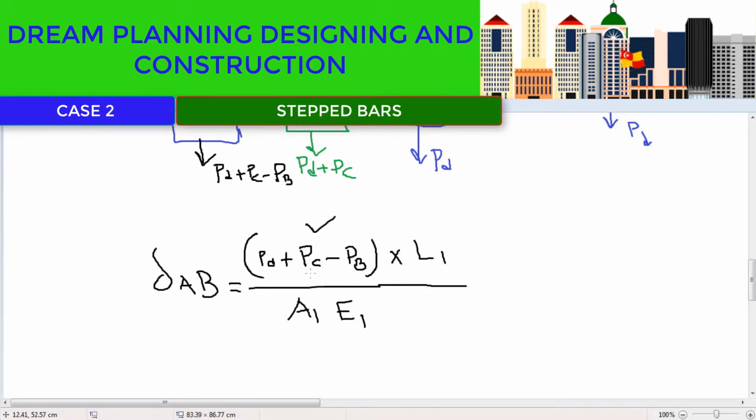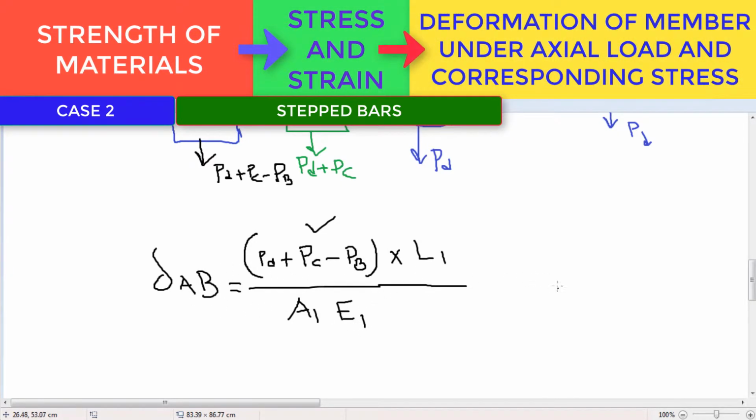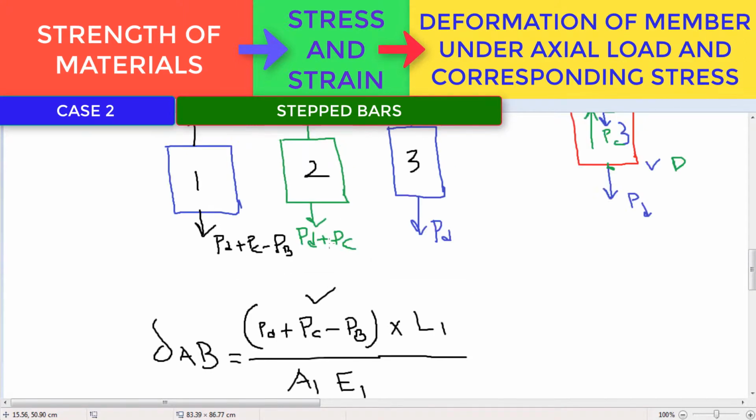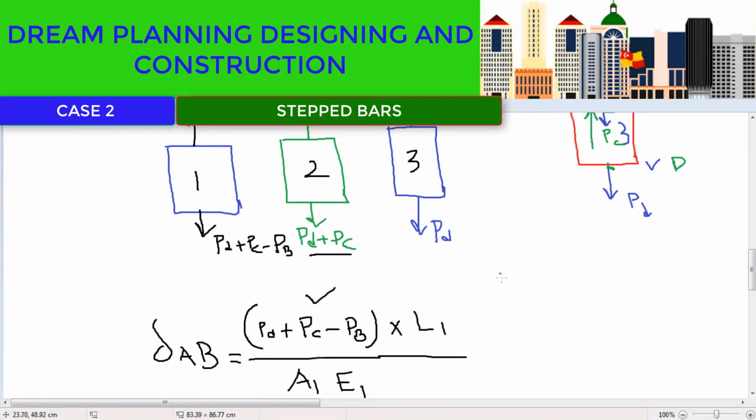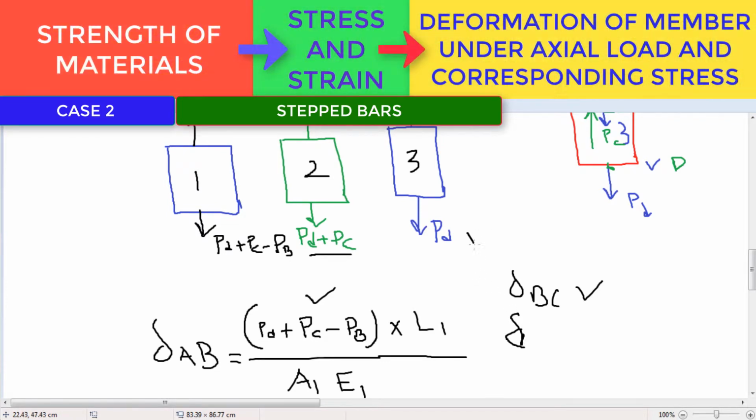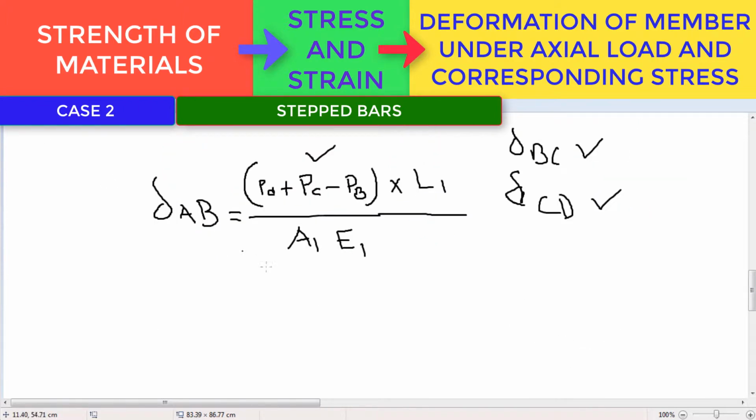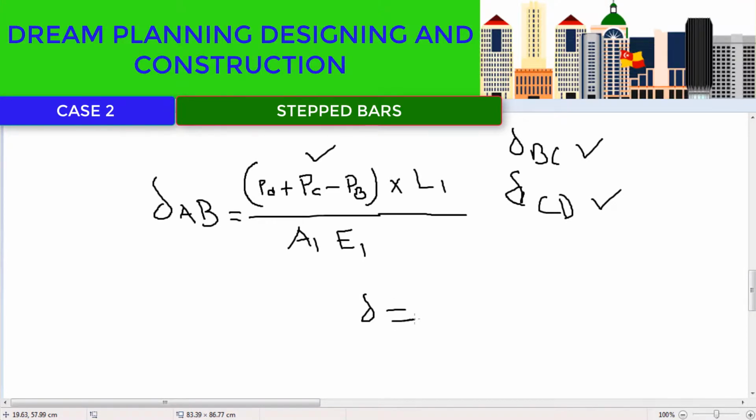So we find del AB. After that we determine del BC, similarly with the force P equal to PD plus PC. We can also determine del CD, where the force is PD. So you can easily determine del equals del AB plus del BC plus del CD.